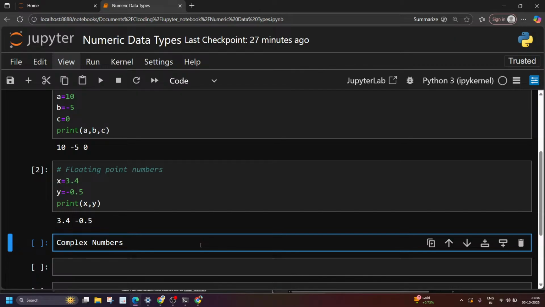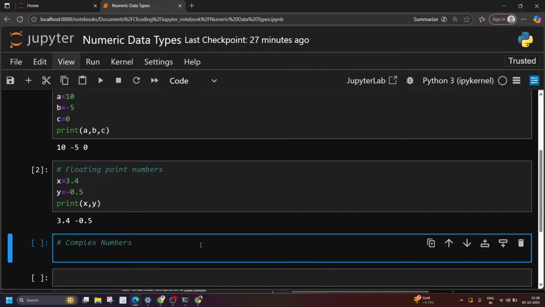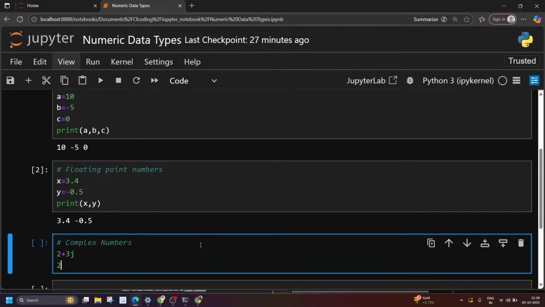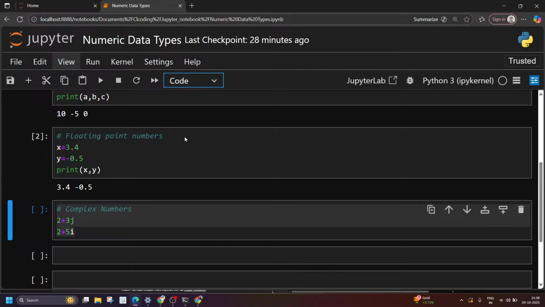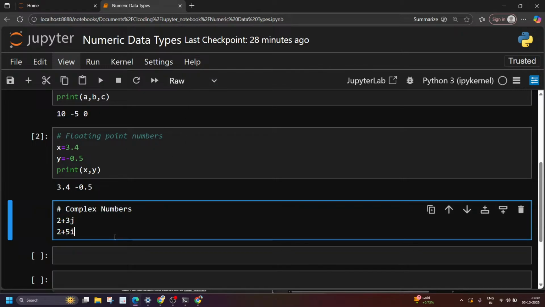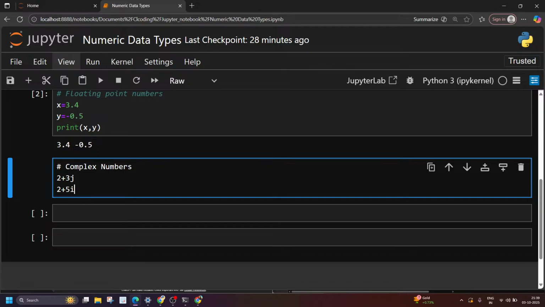In mathematics we have all studied complex numbers. A complex number looks like this. I hope you understood what my point was in explaining all these things.